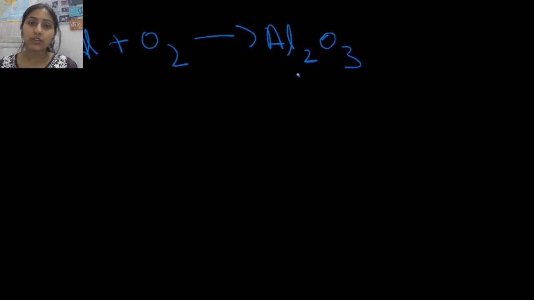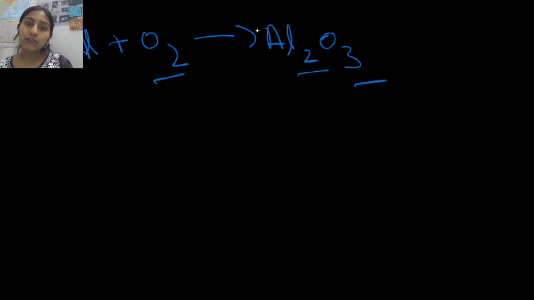Here it is 2, it is 1. So we would multiply it by 2, right? Is it okay? It's not okay as well. So firstly, we will try to balance oxygen. It is 2, it is 3.